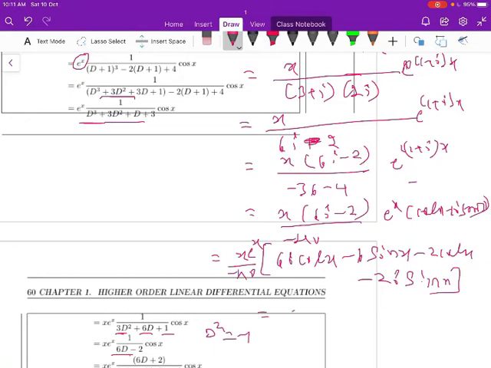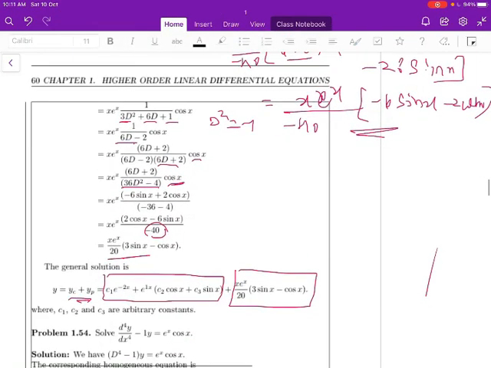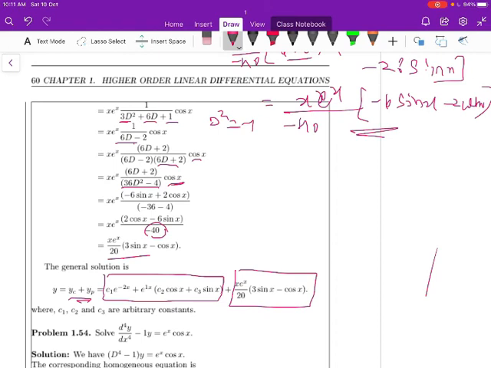Consider only the real part, because cos x is the real part of e power ix. Just take the real part: x into e power x divided by minus 40, the imaginary part neglected, minus 6 sin x minus 2 cos x. So this is the particular integral which we found here.